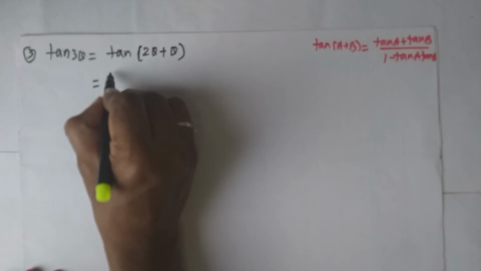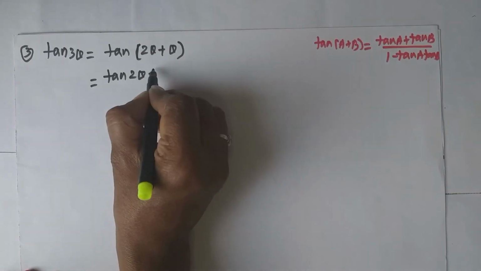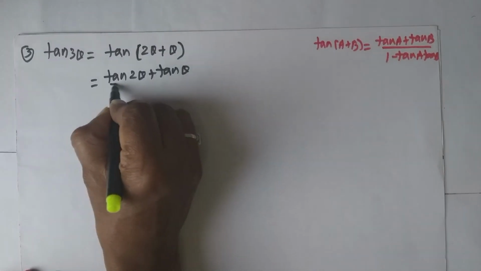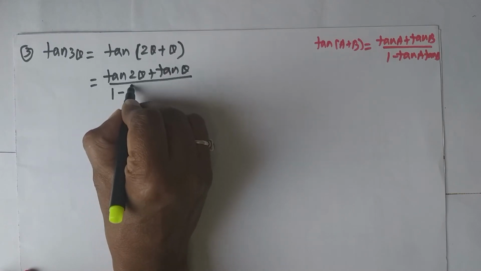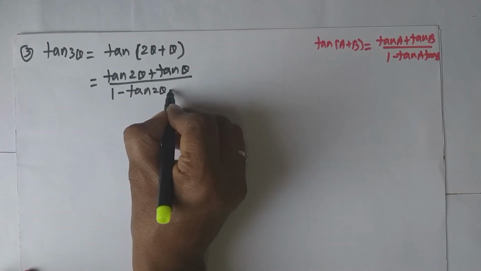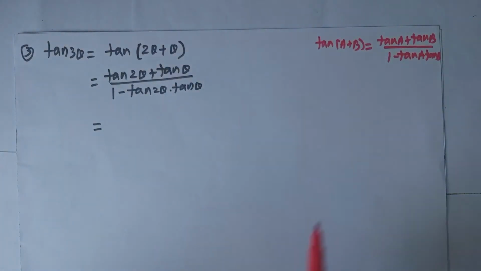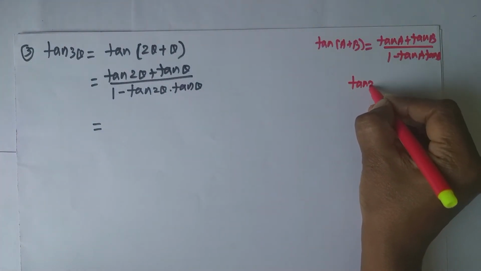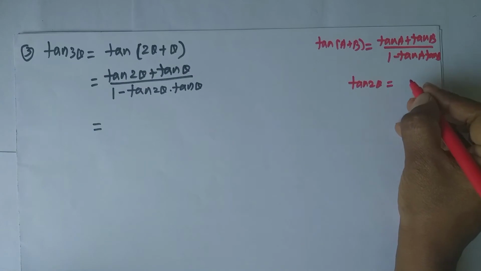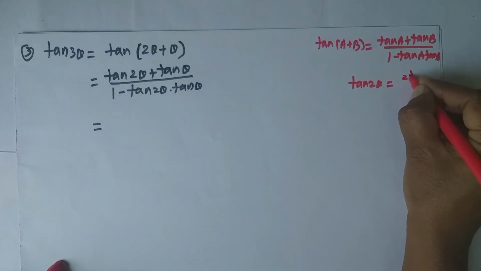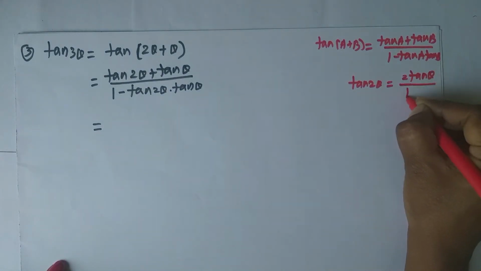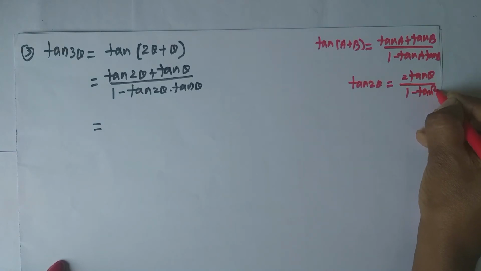Therefore, this can be written as tan 2 theta plus tan theta divided by 1 minus tan 2 theta into tan theta. Okay. Now, what is the formula for tan 2 theta? We have just derived it in our previous theorem. Tan 2 theta means 2 times tan theta divided by 1 minus tan square theta.